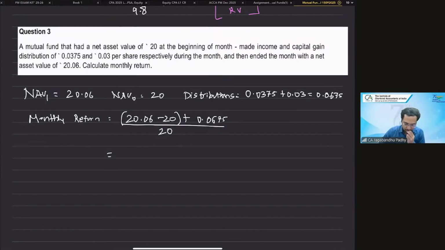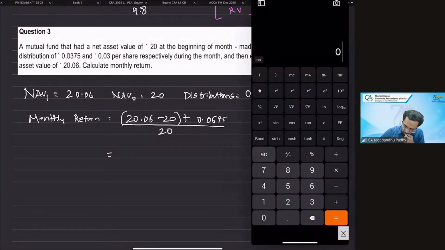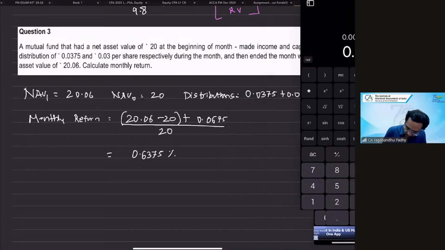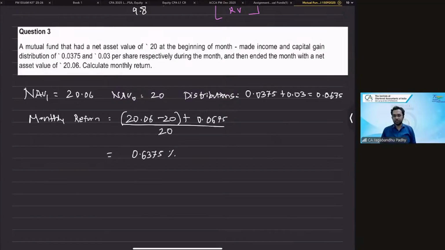So what's the rate of return? 20.06 minus 20, 0.06 plus 0.0675, divided by 20, which is 0.003375. You can multiply it by 100 to give it a percentage: 0.6375%. Easy.